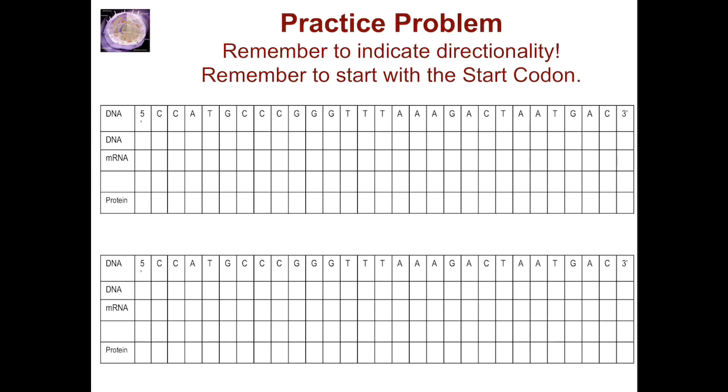Okay, so one way to help you remember is if you're doing translation, you are converting one language into a different language. So you're converting the RNA, the language of nucleic acids, to the language of proteins. And these are two different languages. They're made up of different alphabets.